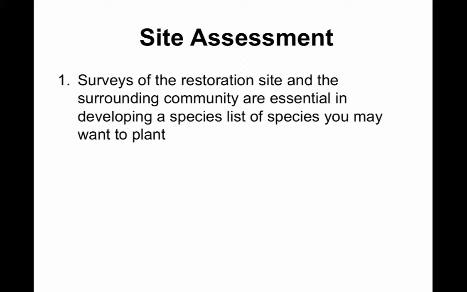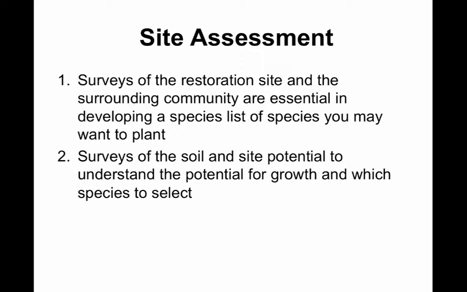Part of that is surveying the surrounding community and developing a species list of key species that should be present in your restored site, and also looking at what species may already be there and what species may be absent. Those are ones that you might want to focus on planting or enhancing as part of your specific restoration site plan.